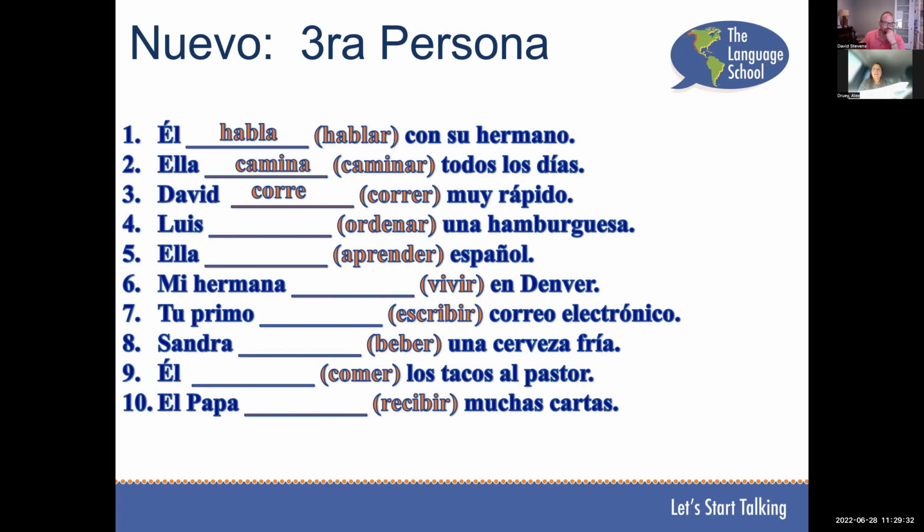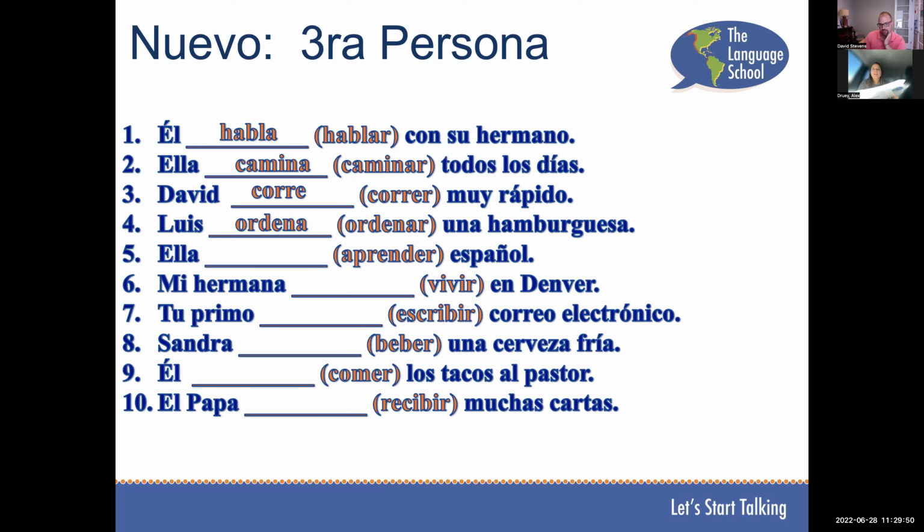Luis ordena una hamburguesa. Hamburguesa. There you go.